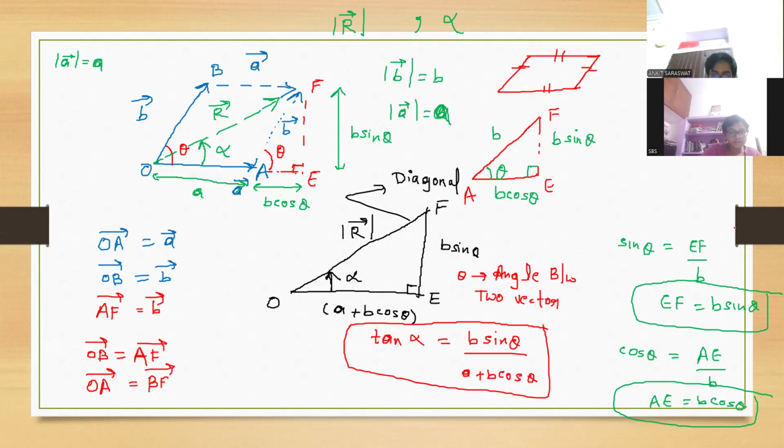Very easy, simple. Now we need to find this mod R. So mod R, hypotenuse square, equals perpendicular square, B sin theta, plus base square, A plus B cos theta. You check if I make any mistake.